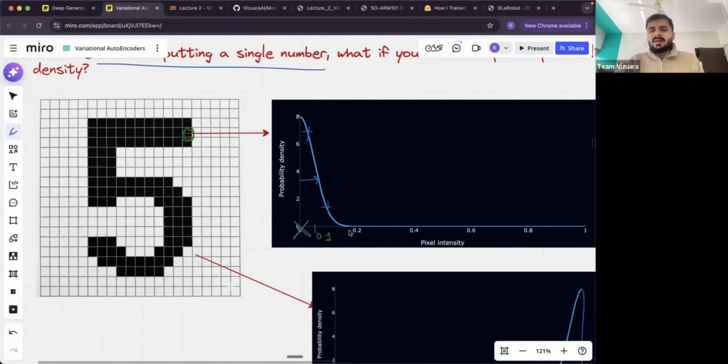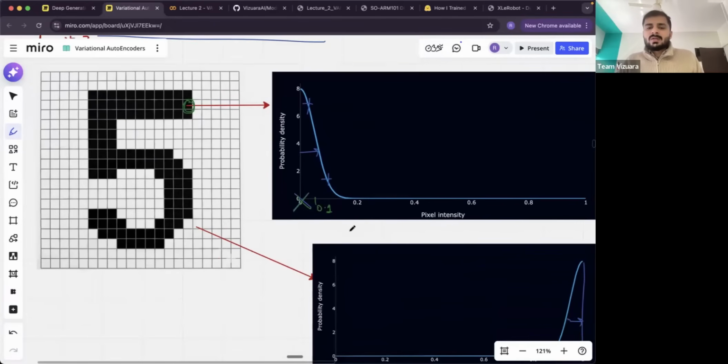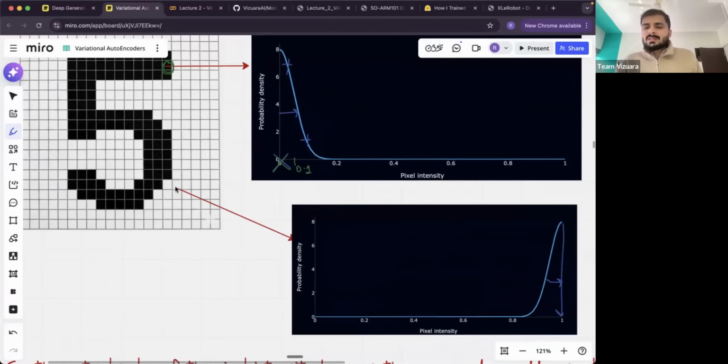So you will get different variations of the number 5 with this approach. Similarly, for this pixel which is white, the mean still lies far to the right, at the value of 1, which corresponds to a white pixel. But sometimes you might sample, let's say, 0.9 with a lower probability, but you will sample it sometimes.